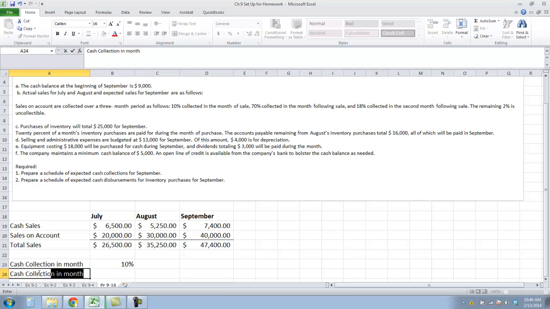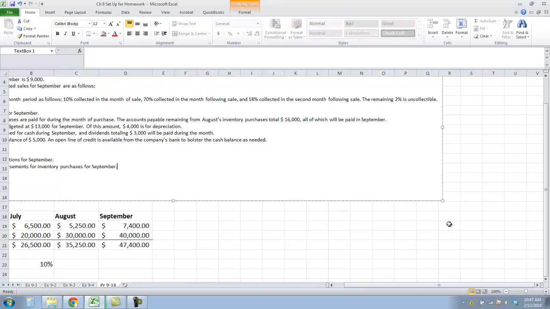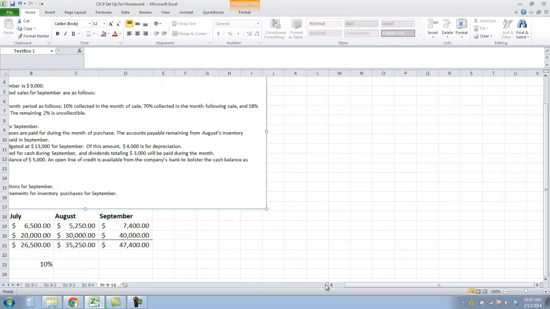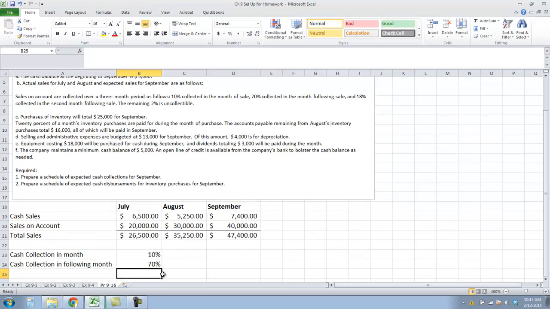Cash collection in the following month is 70%, and then cash collection in the second following month is 18%.